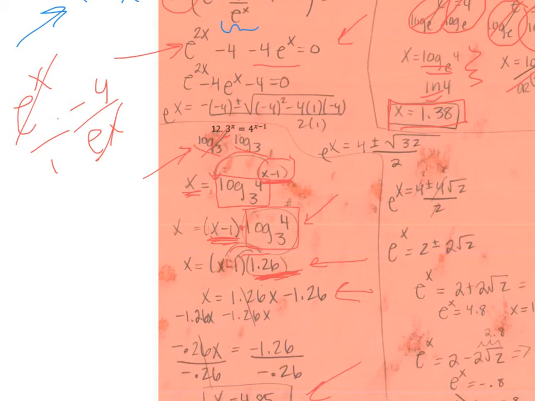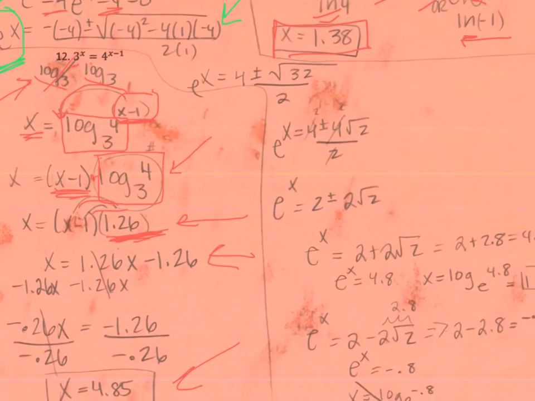So then we asked ourselves, is there a combo that multiplies to -4 that adds to -4? There isn't, so we use the quadratic formula. Now rather than saying x equals, notice we said e to the x equals, because this doesn't just say x squared. So e to the x equals the quadratic formula.